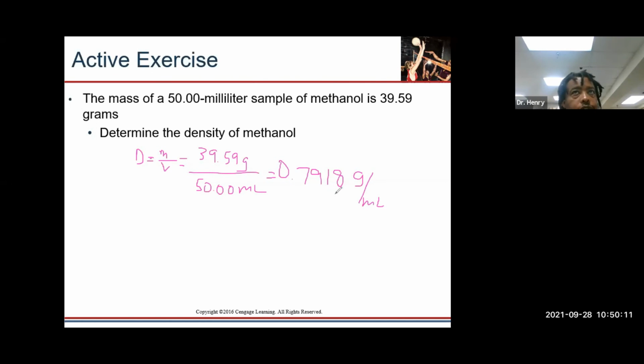And again, 4 significant figures, and then that provides me with my density.